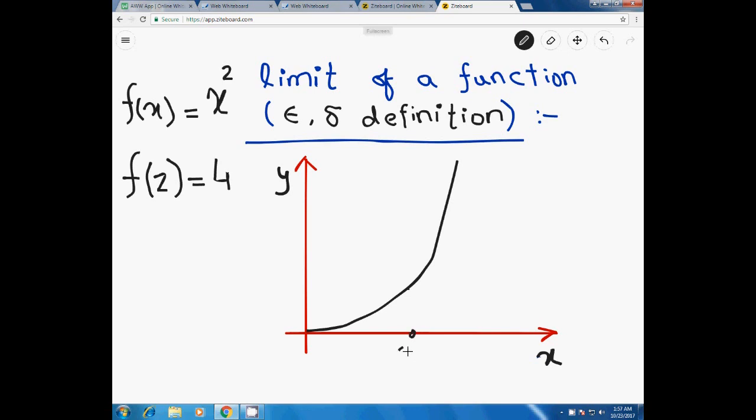Let's call it x is equal to 2, and we have seen that at x is equal to 2, the value of the function is 4. So f of 2 is equal to 4, which means the value of this function is 4. Therefore we will write a 4 here.